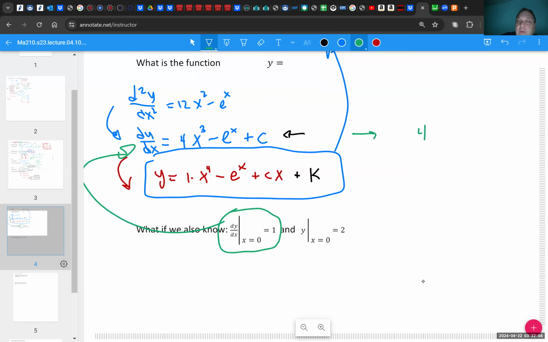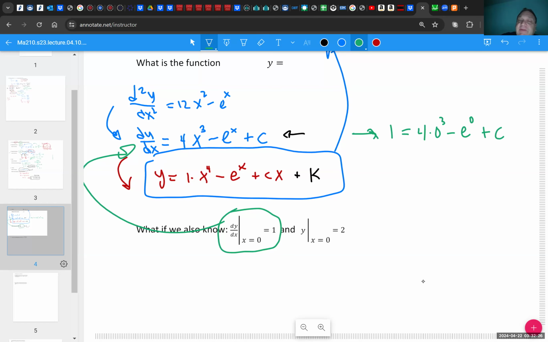So I'm going to get 4 times 0 cubed minus e to the 0 plus c. And dy dx is equal to 1, right? So the way we read this is the value of the derivative is 1 when I plug in x equals 0. We don't say it that way grammatically, but the derivative when I plug in x equals 0 has a value of 1. It looks like this equation here in green.